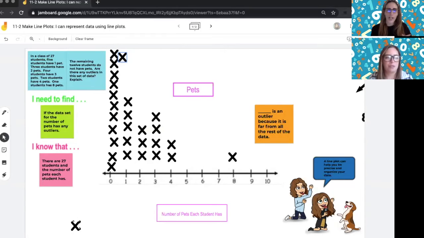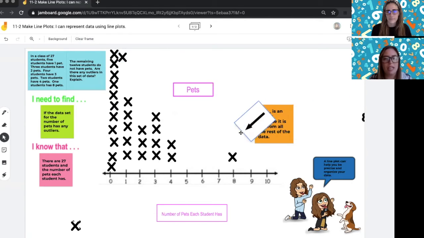So, okay. If we go back to the original question and what we need to find, we're looking to see if there's any outliers in this data set. What do you think, Ms. Schultz? So, looking at the data set, I see a lot of data on the line plot between 0 and 4. And then I see only one X all the way down by 8.